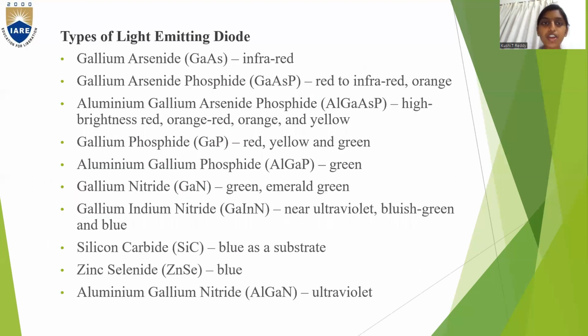So there are many types of light emitting diodes: gallium arsenide, which is infrared in color; gallium arsenide phosphide, which is red to infrared or orange in color; aluminum gallium arsenide phosphide, which is high brightness red or orange red colored; and gallium phosphide, which is red, yellow, and green in color.